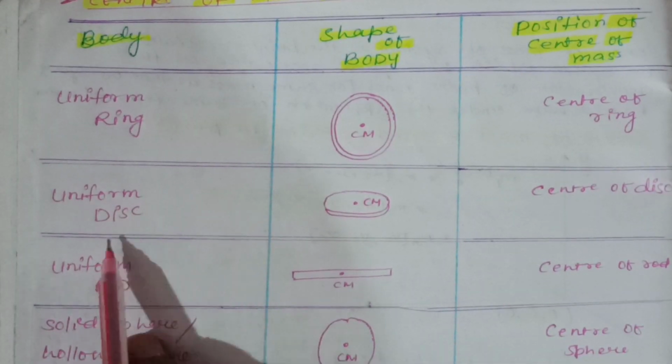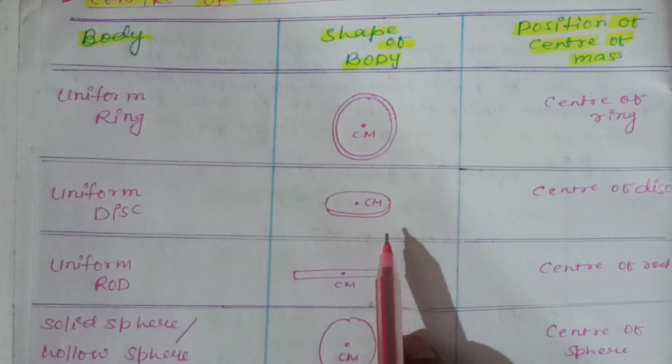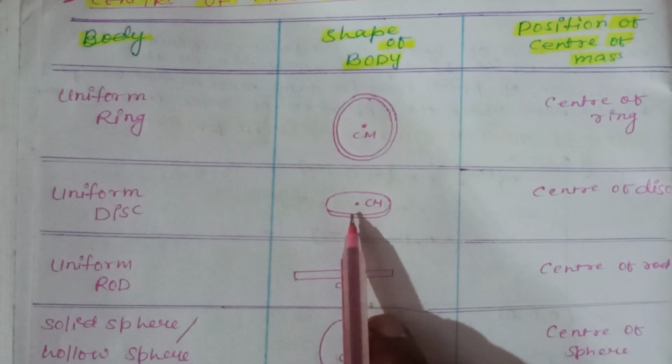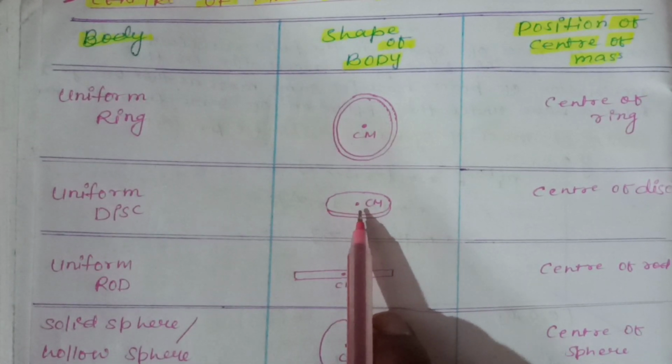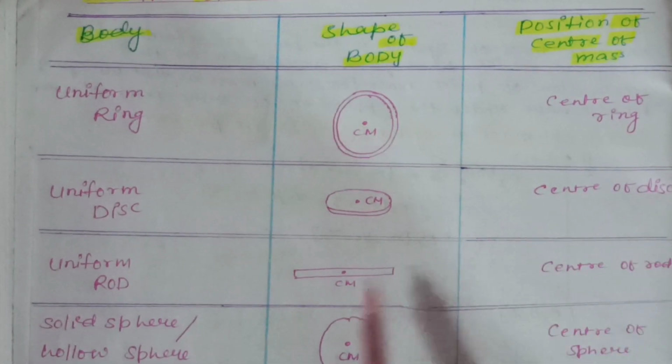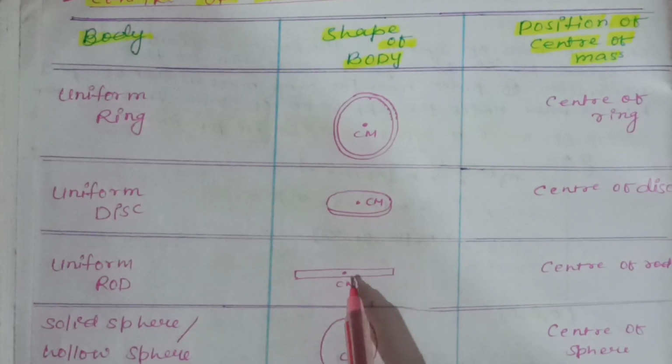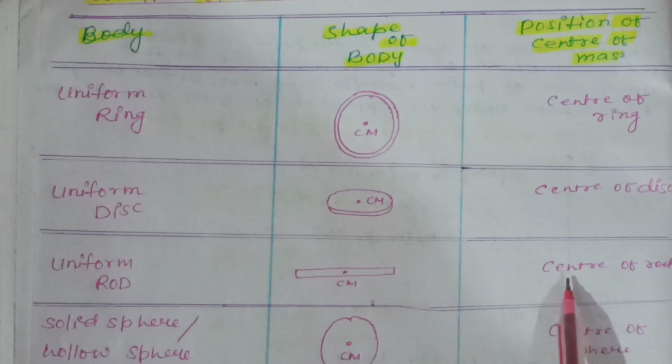Uniform disk: center of mass at the center of the disk. Uniform rod: center of mass at the center of the rod.